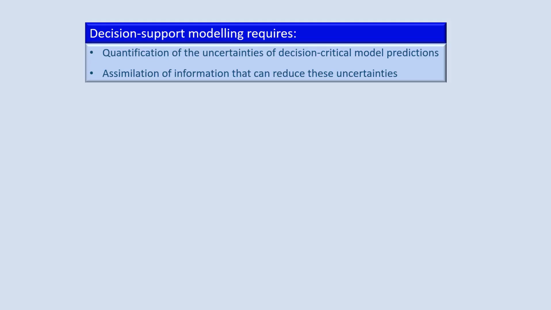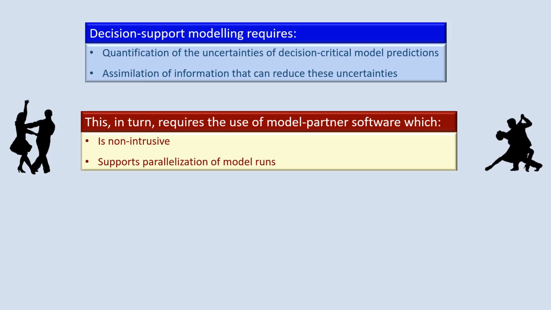In conclusion, decision support modeling requires quantification of the uncertainties of decision-critical model predictions and assimilation of all available information in order to reduce those uncertainties as much as that information allows. This requires that models be used with appropriate dancing partners like PEST and other dancing partners supplied through the PEST suite.